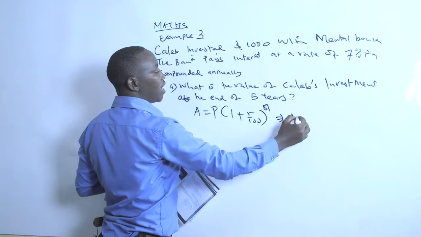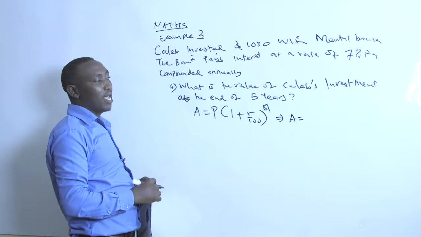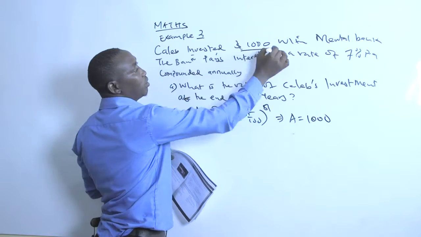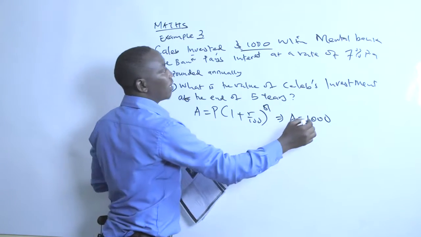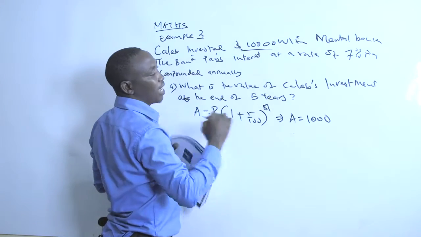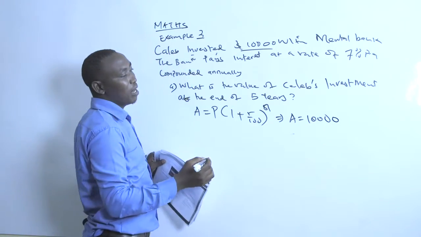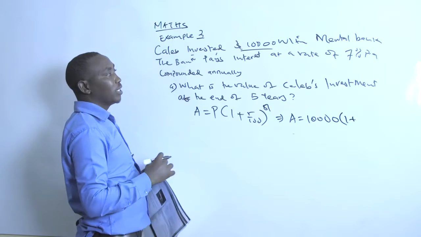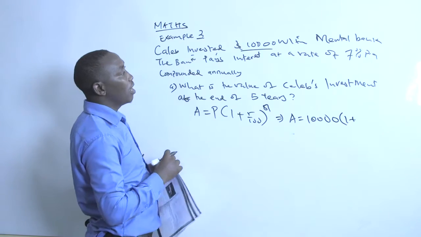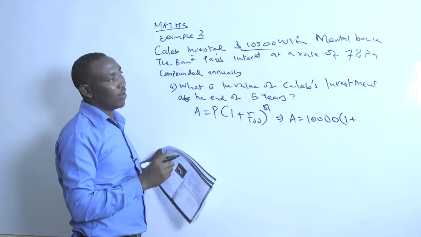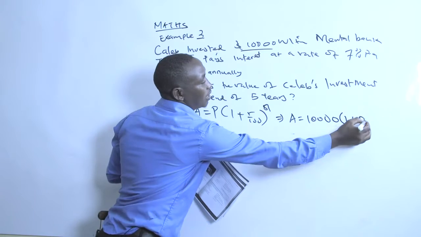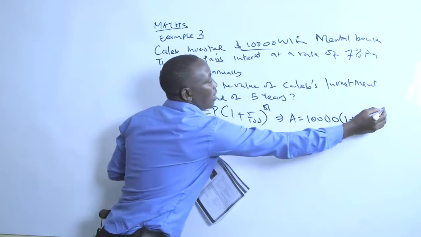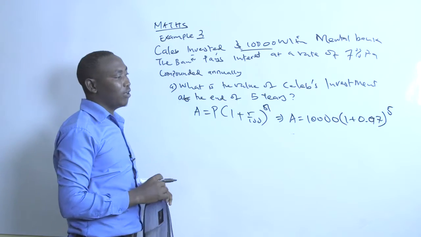Therefore, in this case, the amount that will be available at the end of the 5 years will be equivalent to 10,000, which was the principal invested by Caleb, multiplied by 1 plus the interest rate as a decimal, because that was 7%. 7% as a decimal will be 0.07. We raise that to n, and our n is 5.